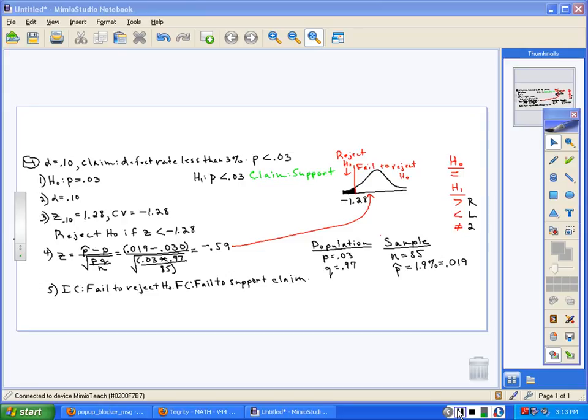Okay, comment. On your final exam, problems 4A and 4B are not going to be exactly like the practice. In other words, this is a left tail test. The one on the final is not going, for 4A anyway, to be a left tail test. It's either going to be a right tail test or a 2-tail test.